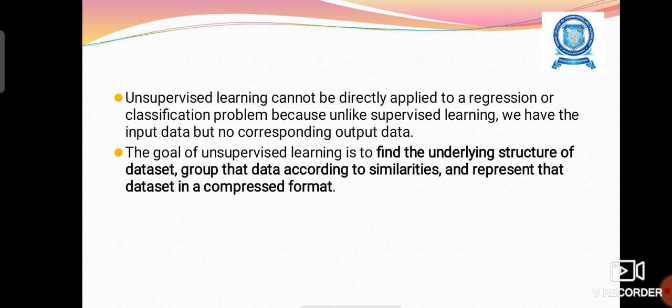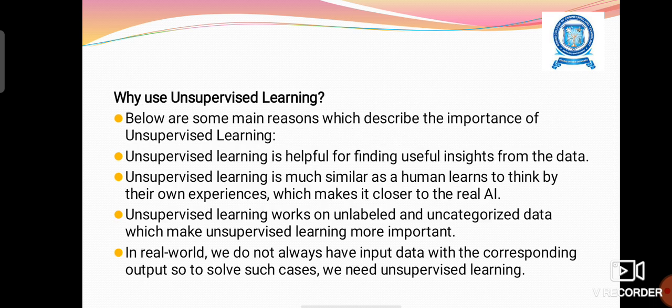The goal of unsupervised learning is to find the underlying structure of the data set, group that data according to similarities, and represent that data set in a compressed format. So unsupervised learning is helpful for finding useful insights from the data. And it can process uncategorized data, which makes unsupervised learning more important.